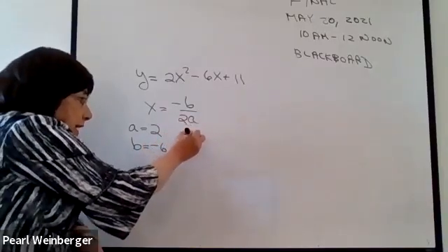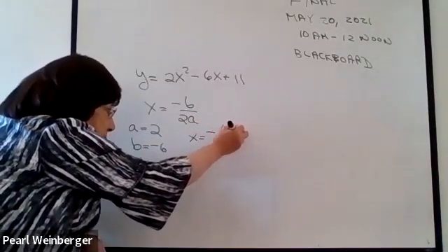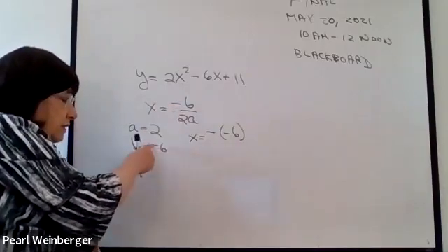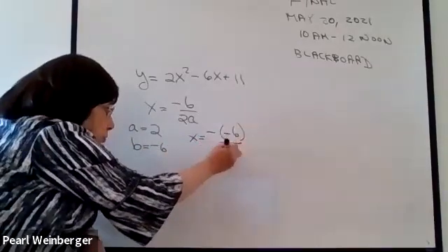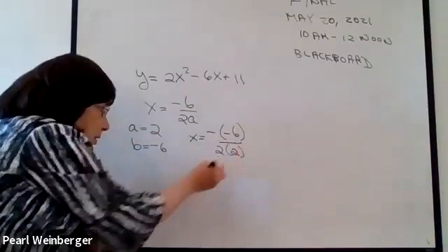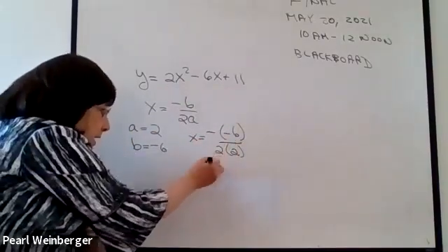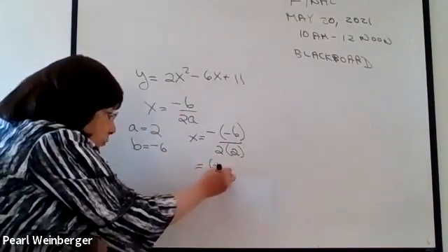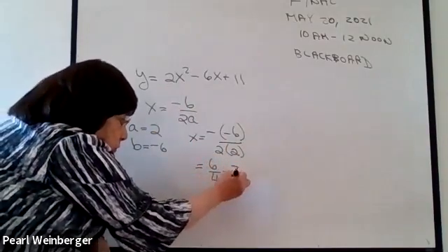So we're going to get x equals negative 6. There are two negatives here, because this is negative b, and the b itself is negative. So we're doing the negative of negative 6 over 2 times a, 2 times 2. Therefore we get negative and negative is positive 6 divided by 4, and we could reduce that to 3 over 2.